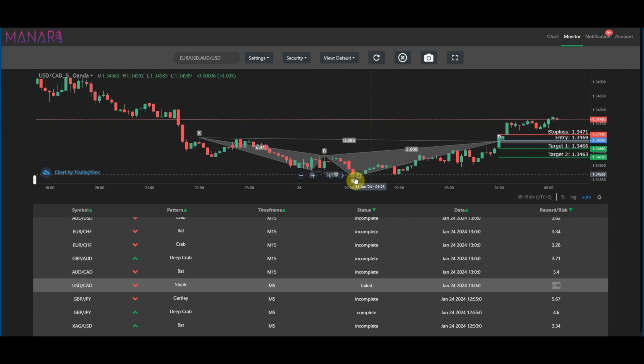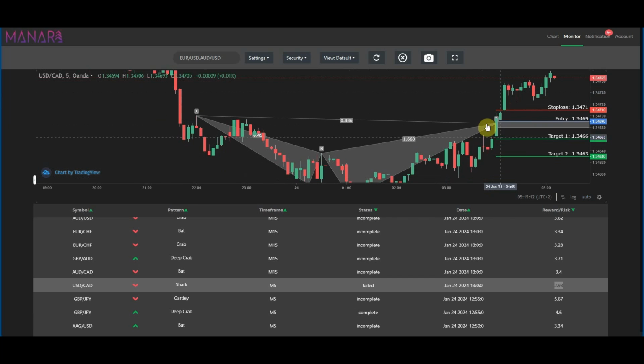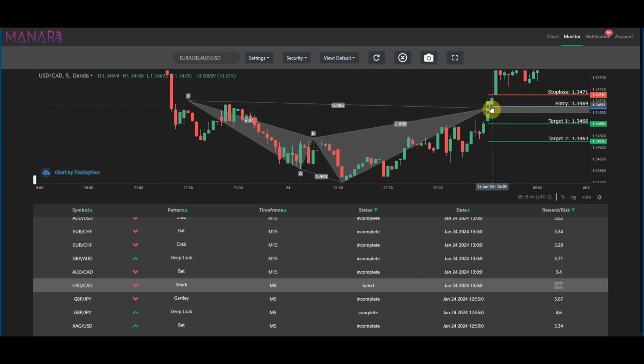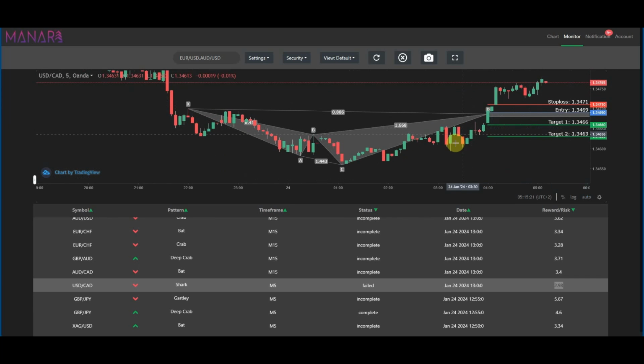If this was incomplete and you get an alert, anyone who bought that would now be in profit. And just looking at the layout, so we had the entry price, it didn't even look like turning around. It just went straight through the stop loss. So really not the best setup there.